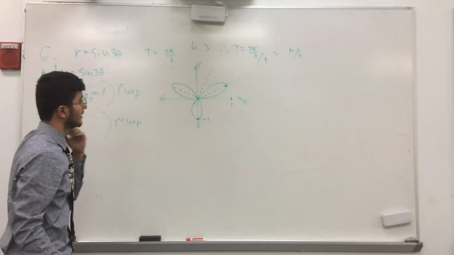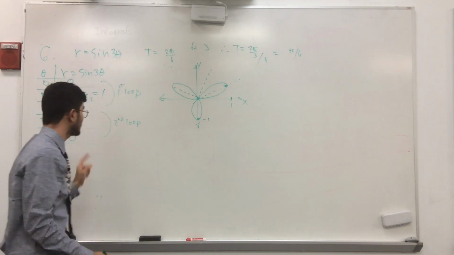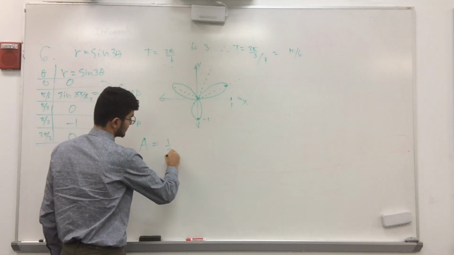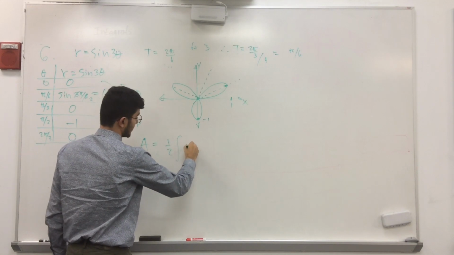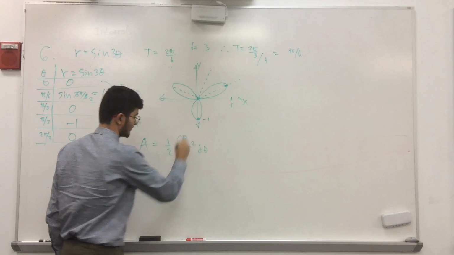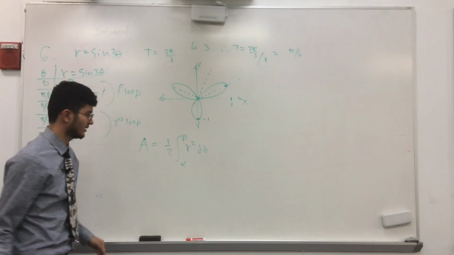It's sine 3 theta. It has 3 loops, but we're only going to find the area of 1 loop. Remember that the area in polar coordinates is 1/2 times the integral of r squared d theta from alpha to beta. In this case, r is sine 3 theta.